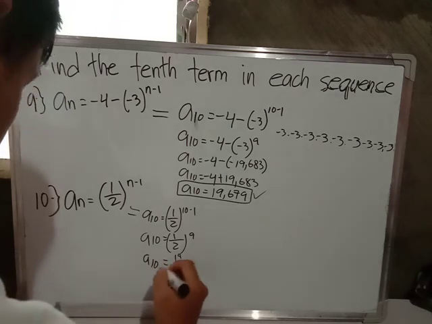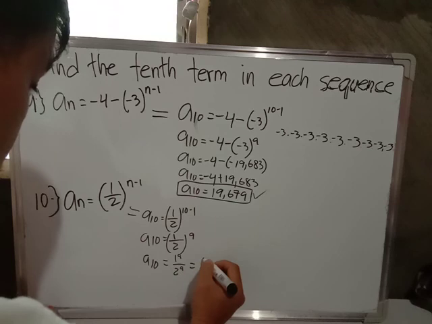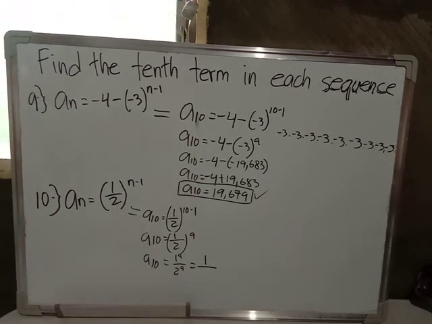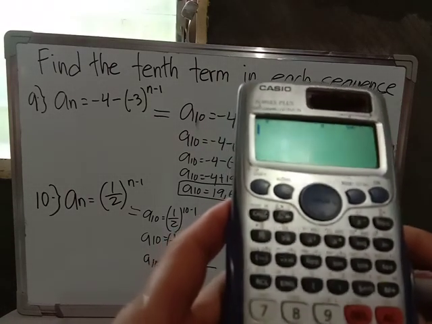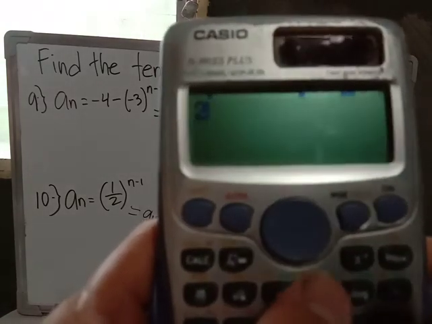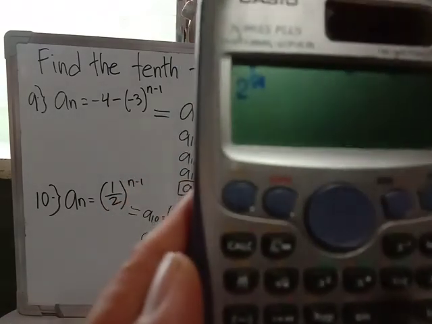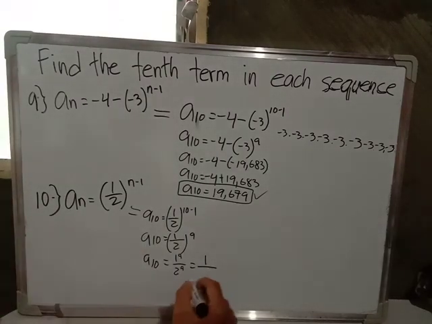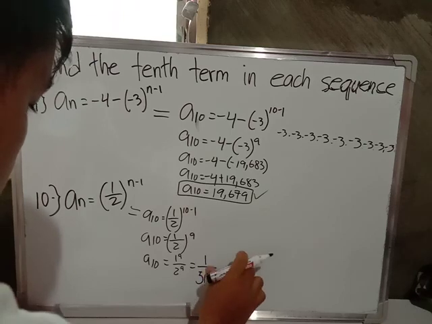Since 1 to the power of 9, alam na natin na 1 pa rin yan. Then ito na lang, si 2 to the power of 9. So by using calculator, 2, yung x box, to the power of 9 is equal to 512. So a10 is 1 over 512.